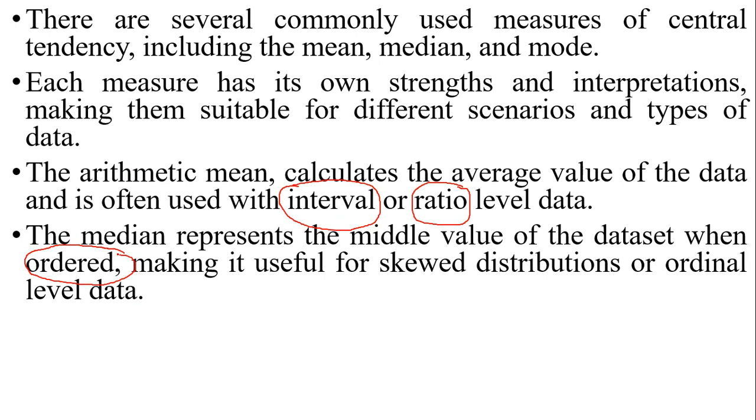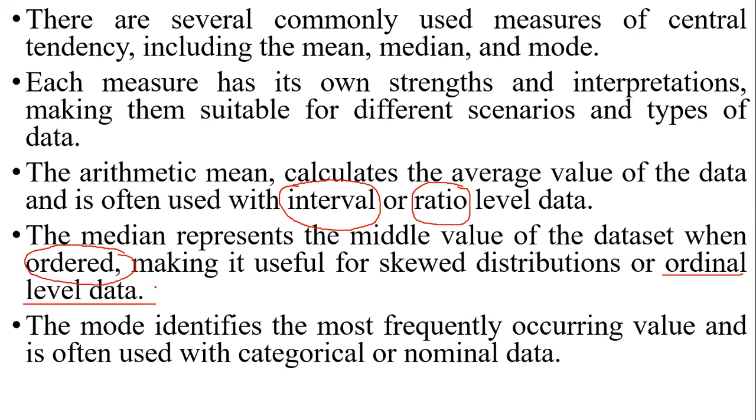And this one uses ordinal types of data, or the ordinal level of data. Then we have the mode. This one identifies the most frequently occurring value and is often used with categorical and nominal data.